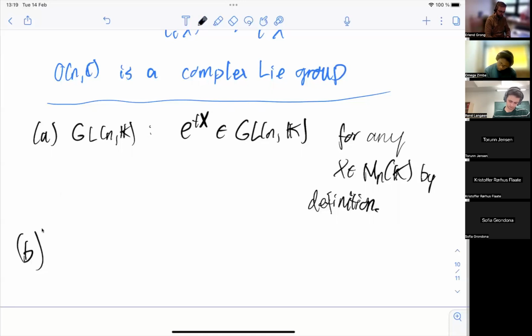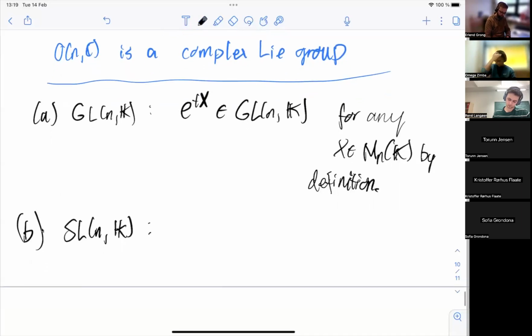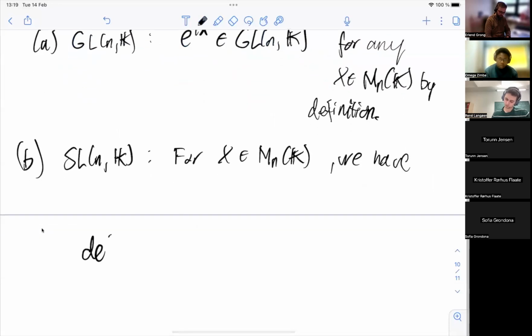So for B, that's SL(n, K) for K being R, then for X in M(n, K), we have the determinant of e^{tX}.